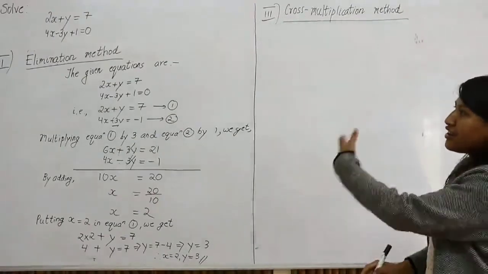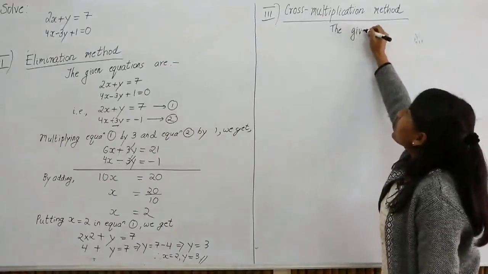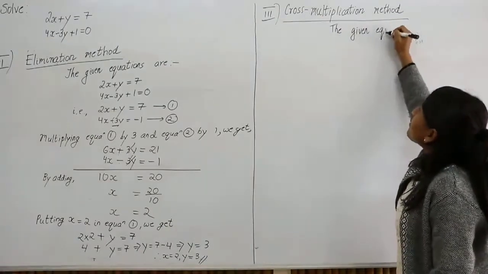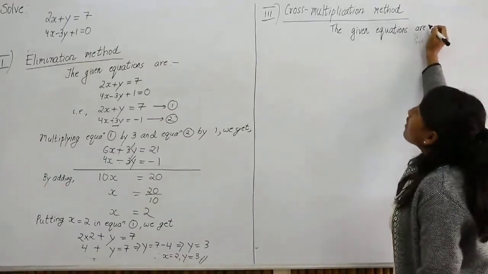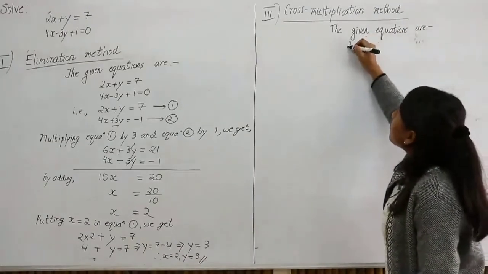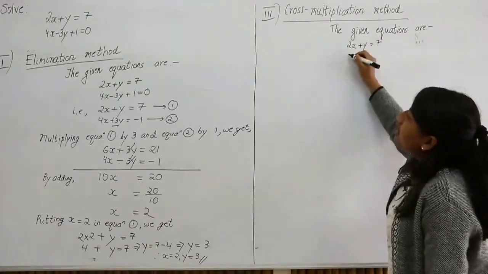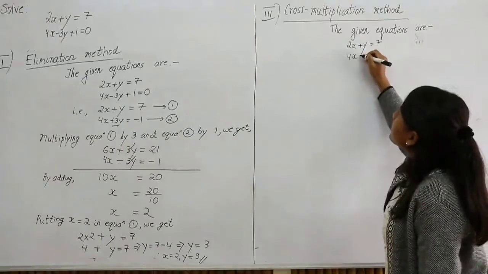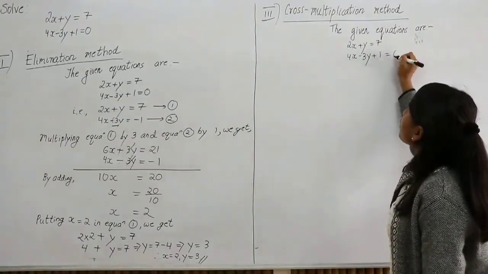Okay? Again, you write first the equations which they have provided. So the given equations are 2x plus y equal to 7, and then 4x minus 3y plus 1 equal to 0.